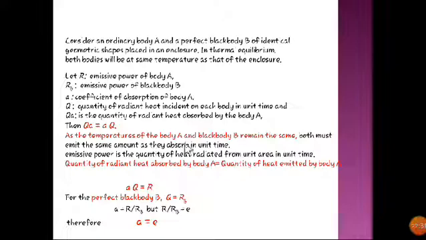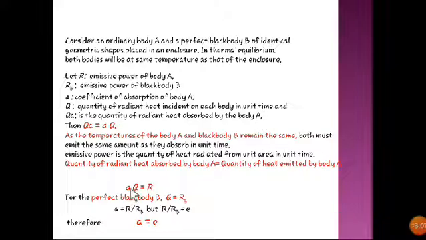As the temperature of body A and black body B remains the same, both must emit the same amount of energy. So the amount of heat which is radiated by the ordinary body should be equal to the amount of heat emitted, as the temperature is the same.